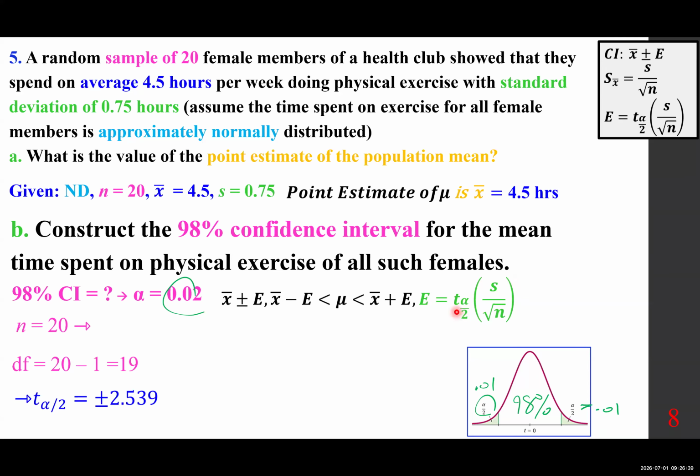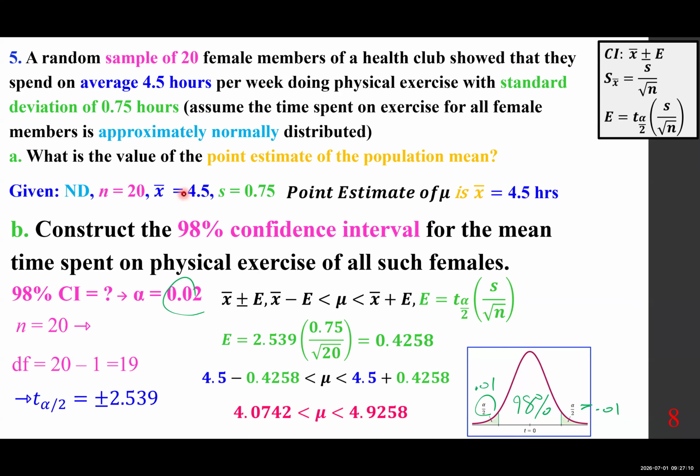T is 2.539, S is 0.75, and square root of N is 20. So that's why you write the given. It makes it very easy to take it from there. So you write this and you write it with a bunch of decimals. So X bar is 4.5. You're going to subtract this from it and you're going to add to it. So that would be the confidence interval.